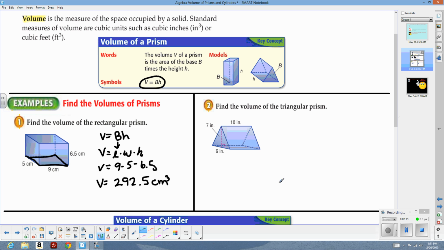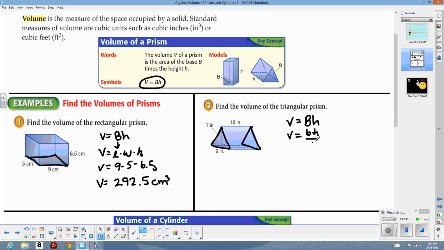Our next example is a triangular prism. The base is not this rectangle that it's sitting on. The base is this triangle, and it has its matching base on the other end right here. So when we use the formula volume equals big B, or area of the base, times the height, in place of big B, we're going to use base times height divided by 2.